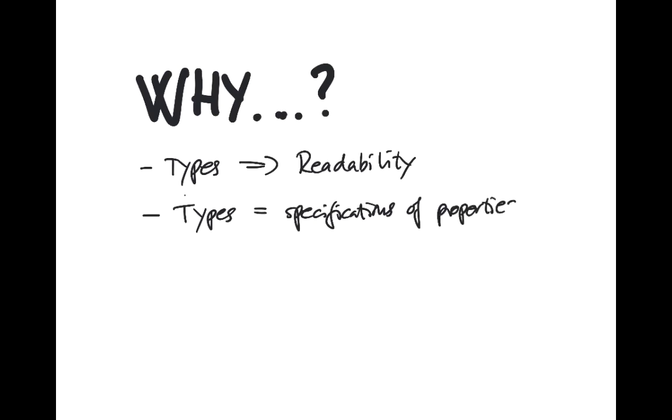A type specifies a program property, and the reason why that's the case is that in this case a type is in fact a logical formula. It is not something that we will have time to spend a great deal of time on, but in a functional setting, types are in fact logical formulae, so types allow us to specify program properties.